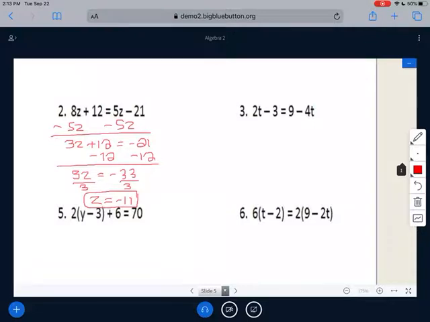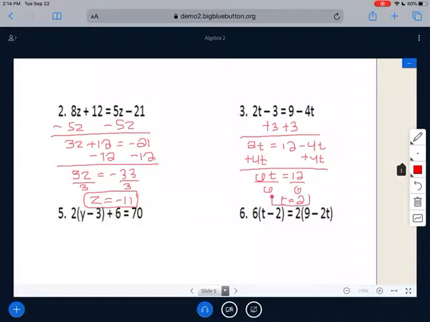The first thing we do doesn't always have to be to move the variable. So in number 3, I could add 3 to both sides if I wanted to start. Then move my t's. Then divide. And I get t equals 2.